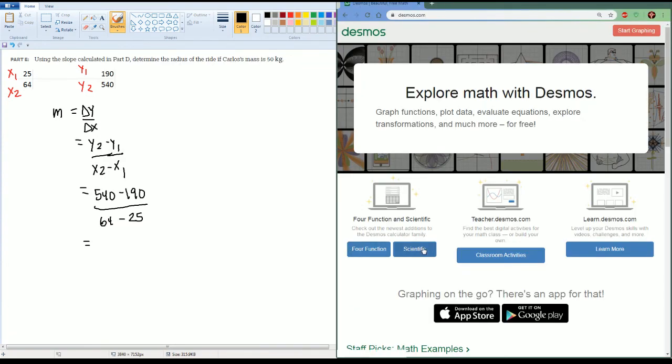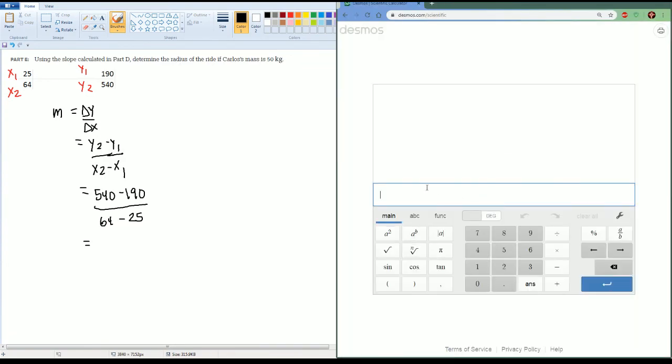Scientific. All right, 540 subtract 190. Divide the whole thing. Oh, that doesn't look pretty. So let me put the top in parentheses: 540 minus 190. Close the parentheses. Divide this by 64 minus 25.